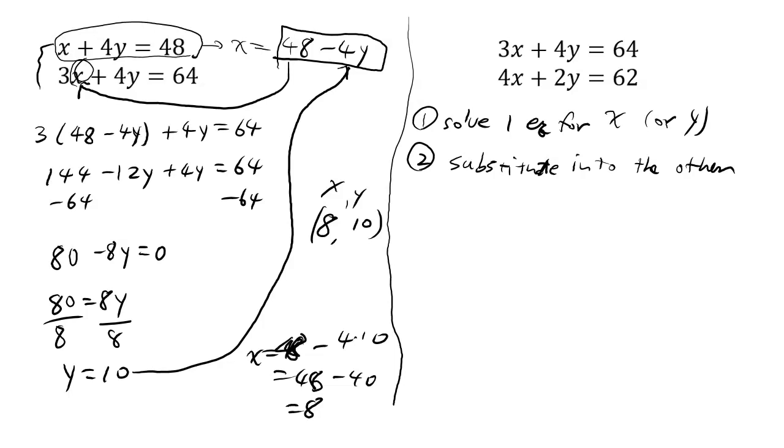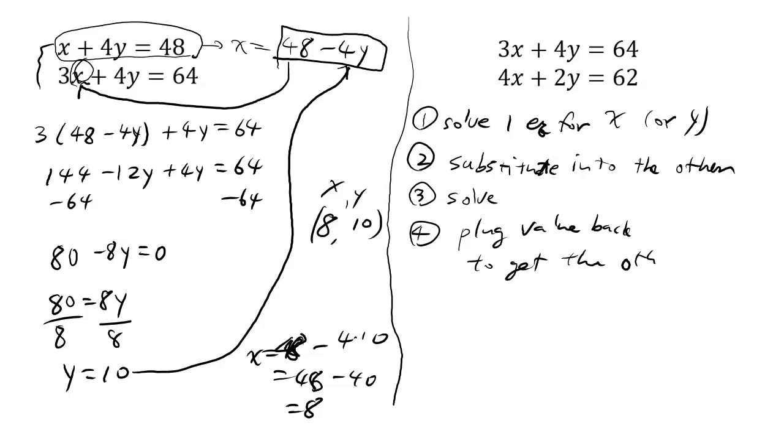You have to plug it into the second equation, and then once you're done with that, you solve the equation, and then when you get the value, plug the value back to get the other unknown. Okay, so that's basically the idea.